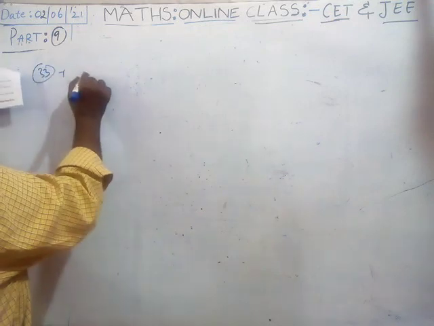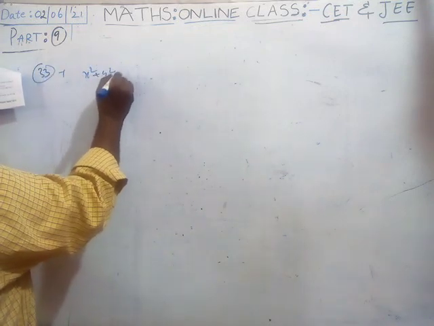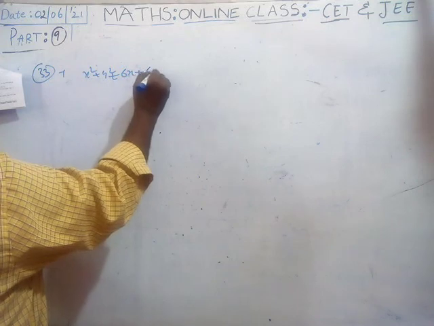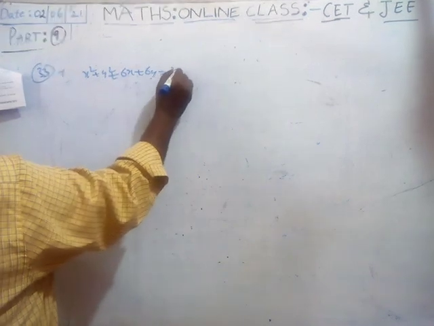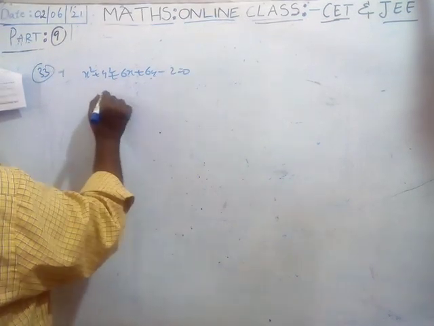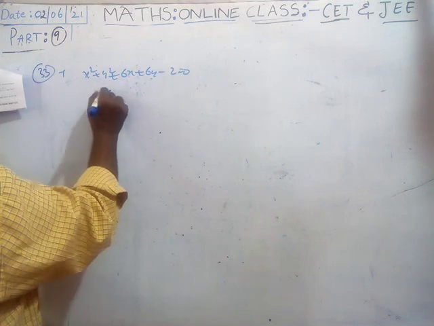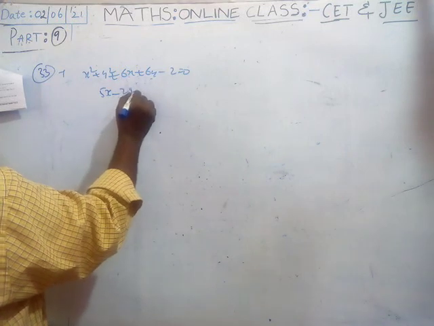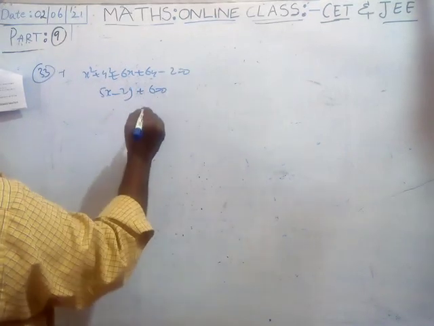You see, the given circle is x square plus y square plus 6x plus 6y minus 2 is equal to 0. And the line is 5x minus 2y plus 6 is equal to 0.